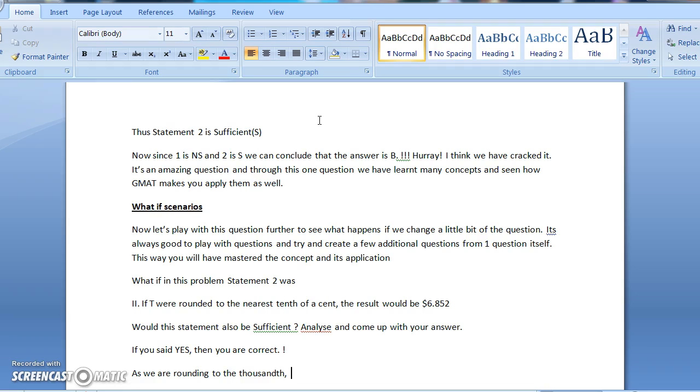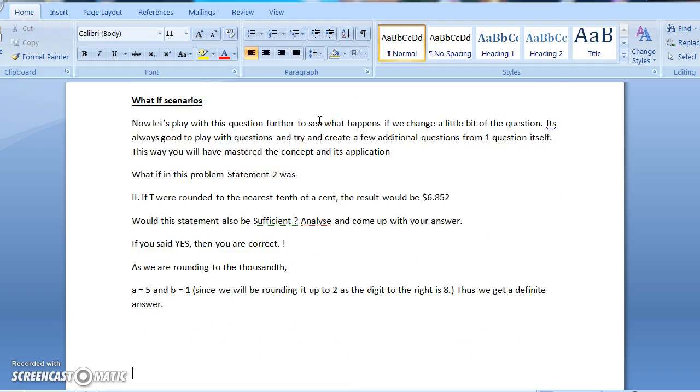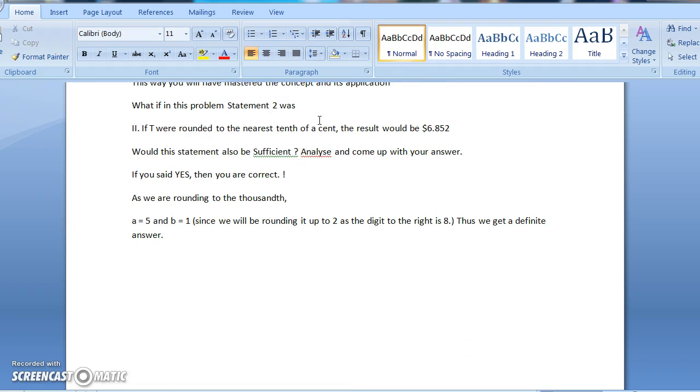What if in this problem statement 2 was, if t were rounded to the nearest tenth of a cent, the result would be 6.852. Would this statement also be sufficient? Analyze and come up with your answer. Think about it. Yes. If you said yes, then you're correct. As we are rounding to the thousandth, we are going to take the digit A and make it 5.